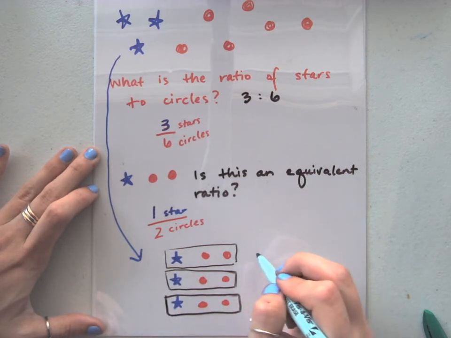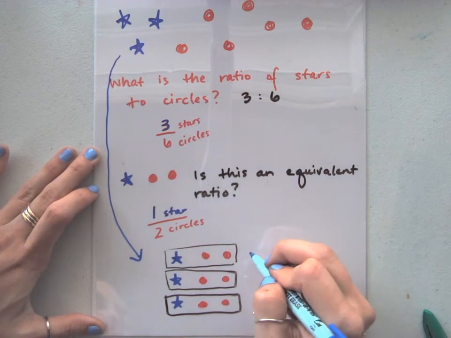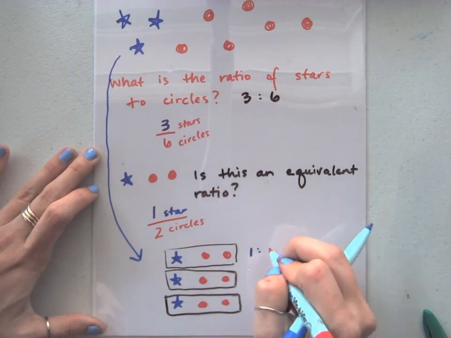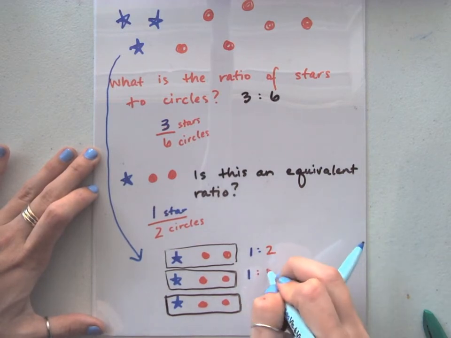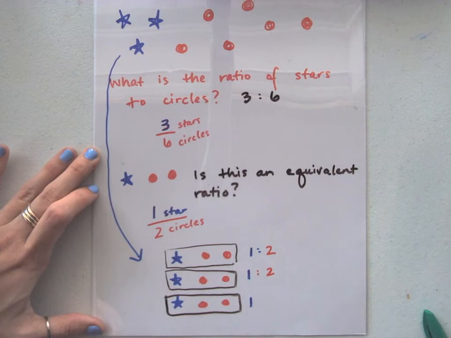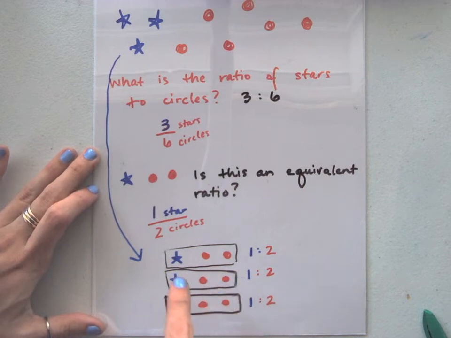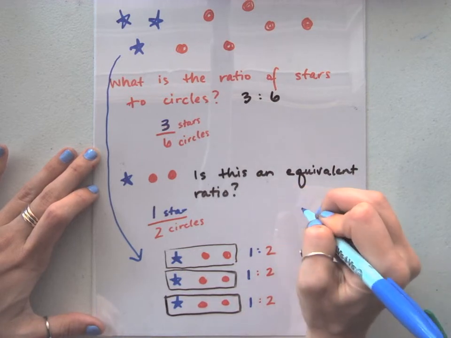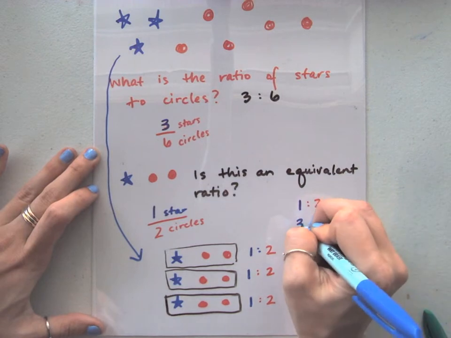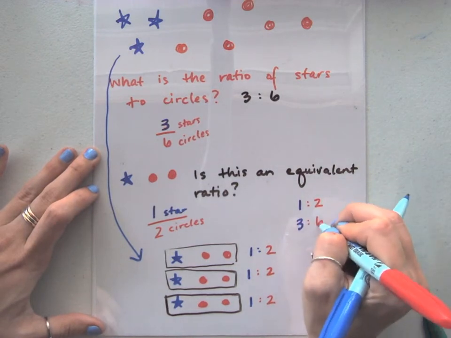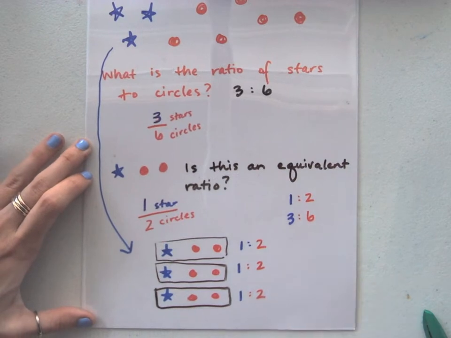And here we see that for 1 star, there are 2 circles in each of these groups.